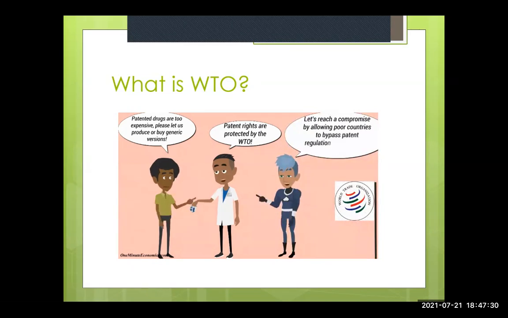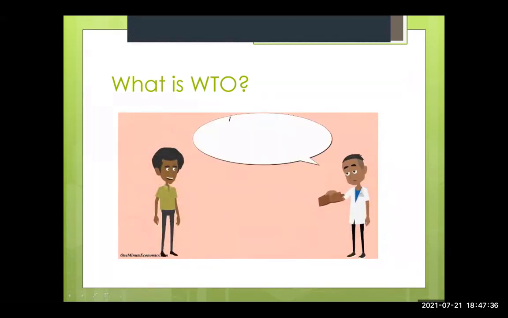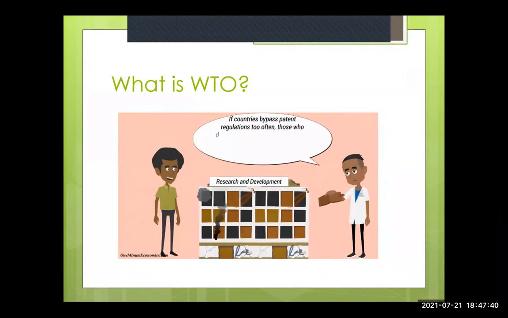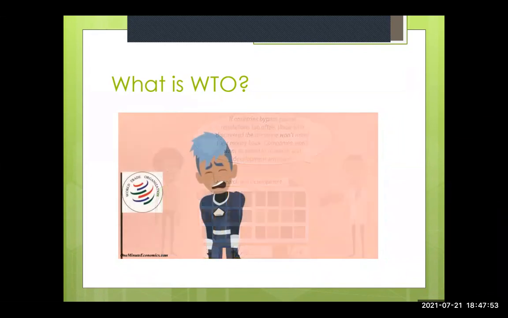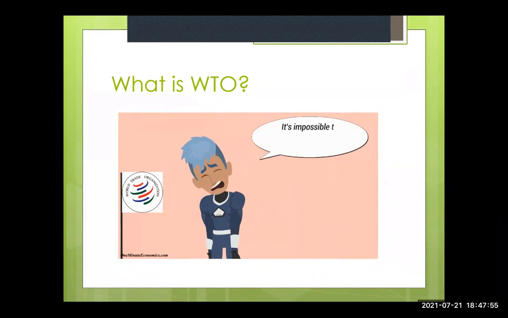Eventually, the WTO enabled them to bypass patent regulations during national emergency situations. 3. In other cases, the WTO ends up being accused by businesses. For example, by pharmaceutical companies which complain that if countries declare a national emergency to bypass patent regulations for more and more drugs, they cannot recover the money they invested to innovate and create these drugs, and as such, research and innovation are discouraged. As can be seen, the job of the WTO is anything but easy, and therefore, controversy will always surround this organization.